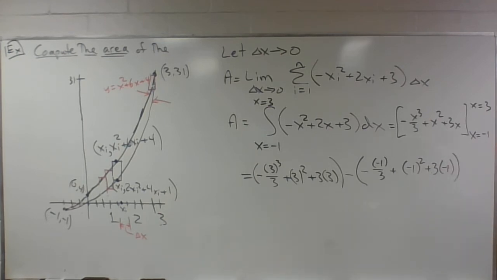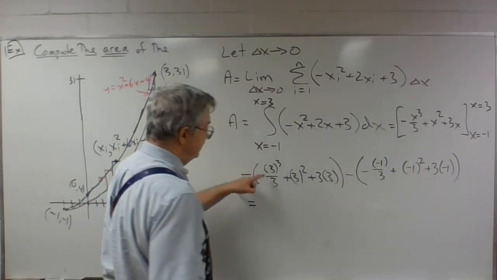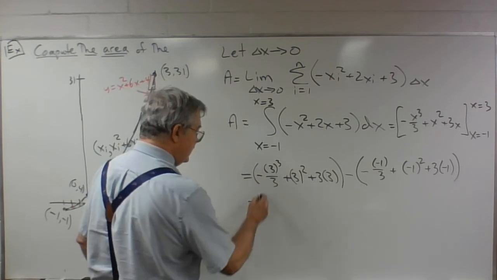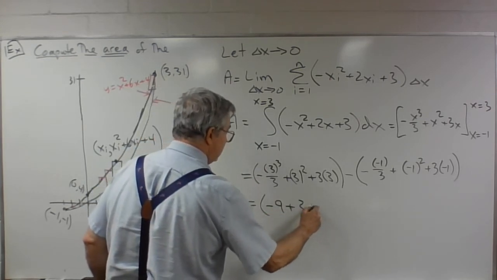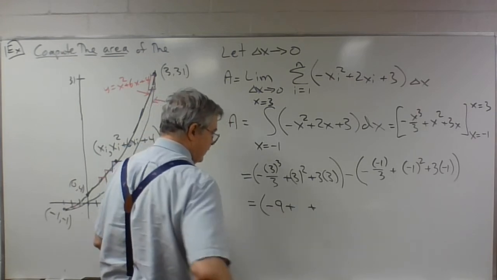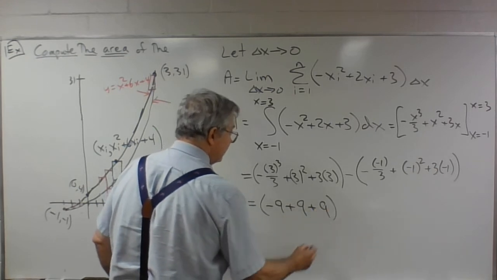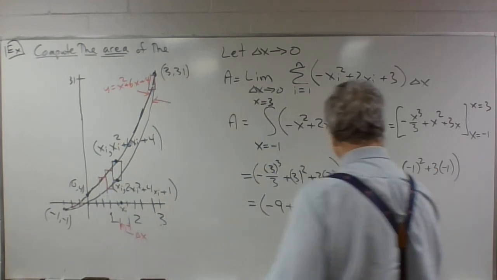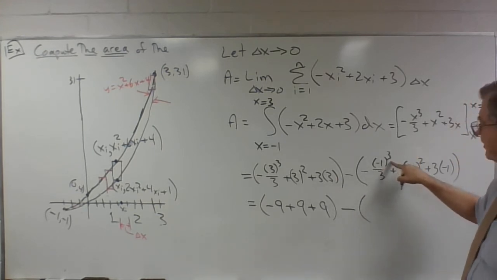Holy moly, what do we get? 27 divided by 3 is 9 minus, whoops, -1 cubed here.